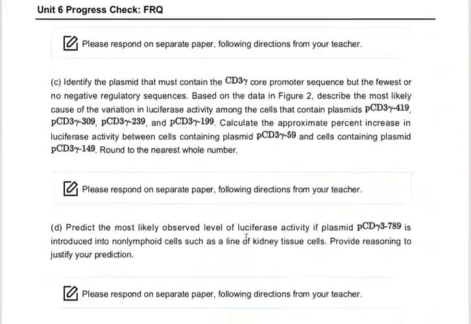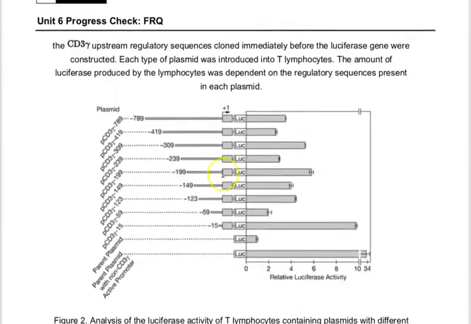So all of these couldn't have been our negative control, because all of these have the CD3 regulatory sequence. So what could have been a negative control? Either the parent plasmid, which is a plasmid that has not had any of these sequences inserted, or a parent plasmid with non-CD3 active promoter. So it doesn't have any of the fragments and it also doesn't have the promoter.